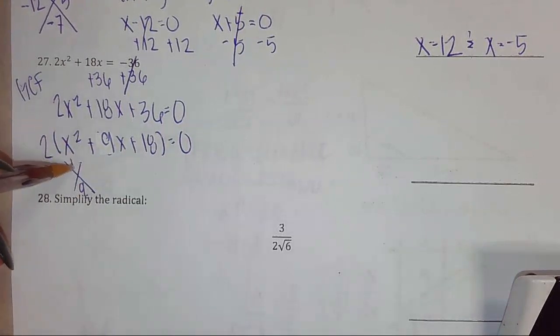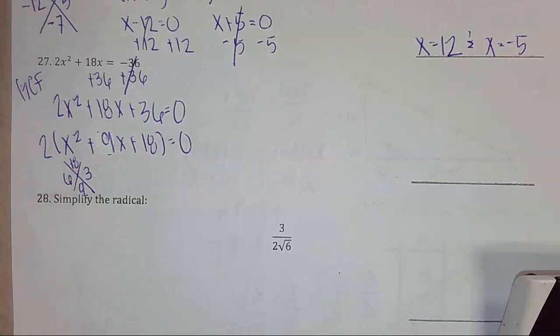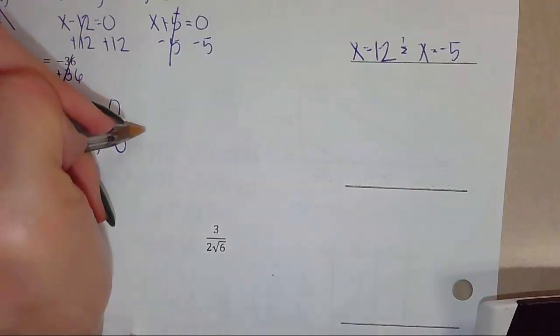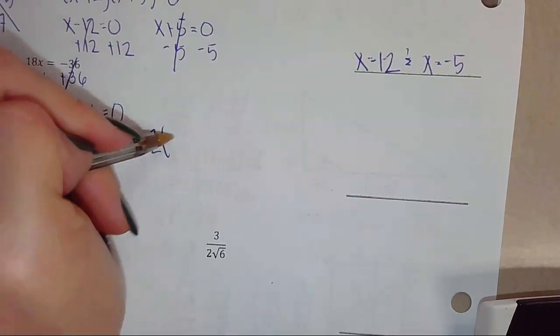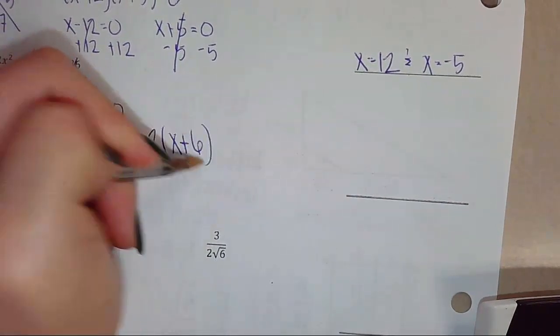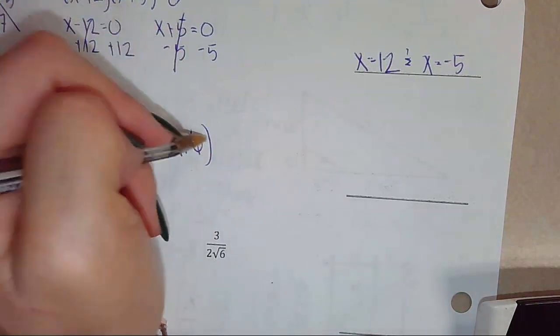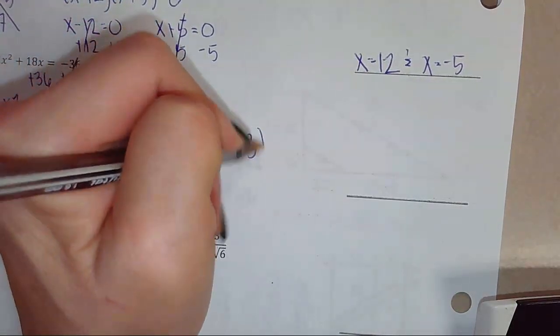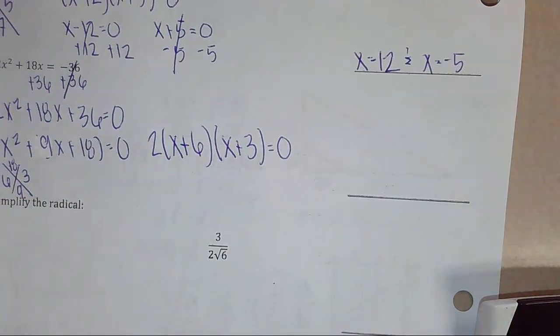9 goes to the bottom, 18 to the top. 6 times 3 multiplies to 18 but adds to 9. So I would have 2 parentheses x plus 6 parentheses x plus 3 equals 0.